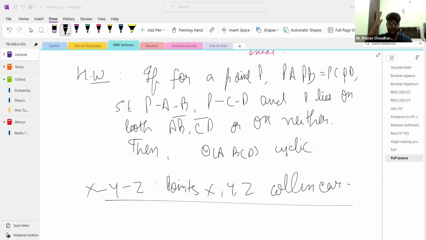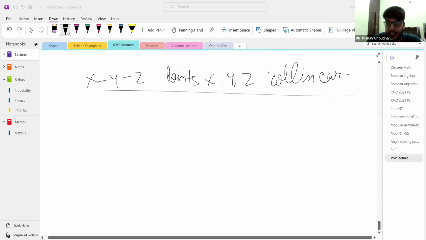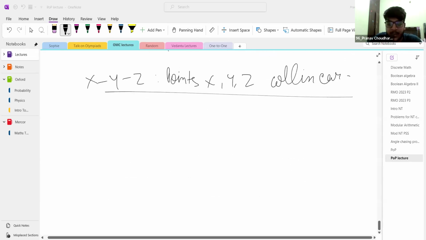Keep your hands raised. Okay, I see 7 people. 2 more people, then we'll continue. Okay, 8 people now. Okay, 9. That's amazing. Did Aman also raise hand? Okay, that's 9 then. Cool. Very happy that the class is active. Okay, so we'll move on to problems.